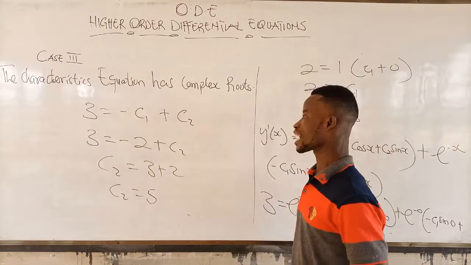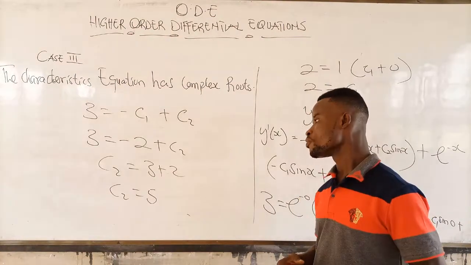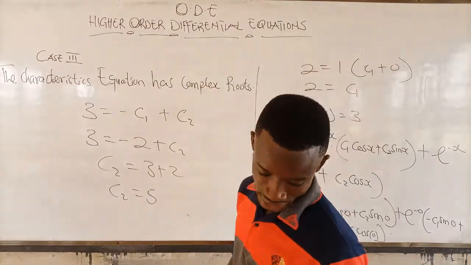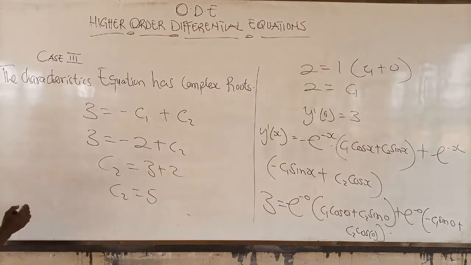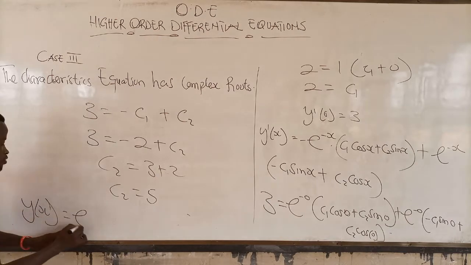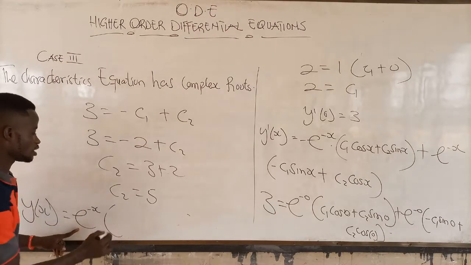So now we can go and write the particular solution. Alright, so therefore, the particular solution is e raised to the power negative x. Don't forget.